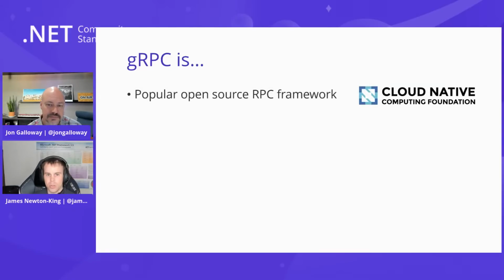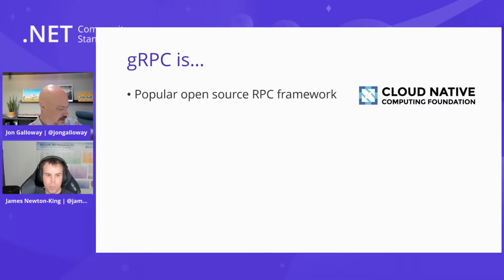For anyone who is unfamiliar with gRPC, I think I've reused this slide about 5 times now. It's a popular open source remote procedure call framework, and RPC frameworks make it easy for apps to talk to each other. gRPC is run by the Cloud Native Computing Foundation, aka the CNCF, and Microsoft is contributing to the CNCF gRPC implementation, and we're working together with them to make gRPC really great on .NET.